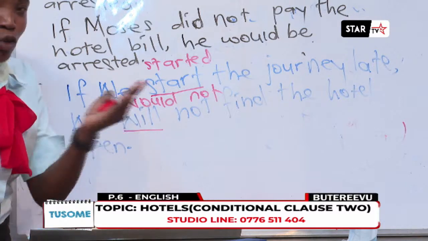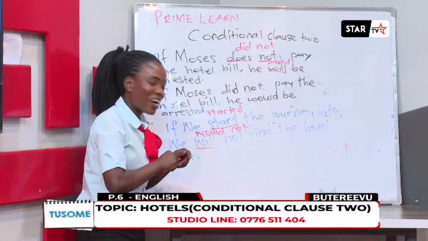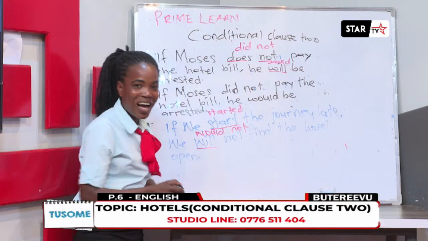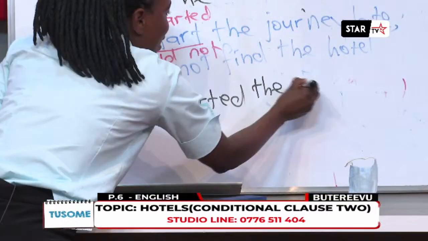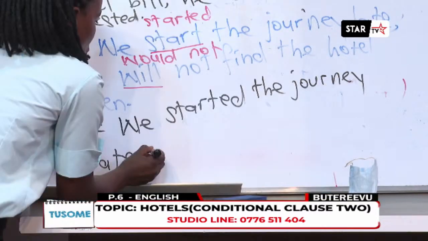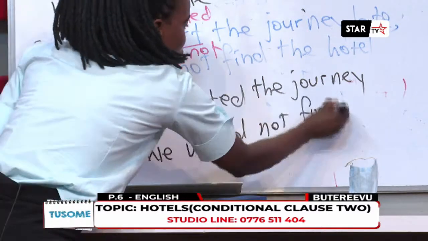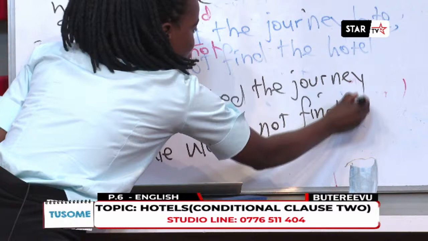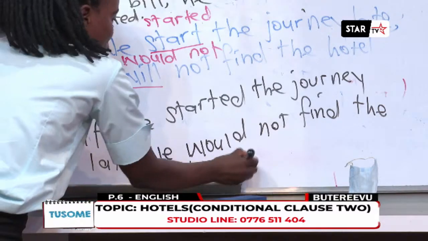Don't join them. Having made all those changes, my precious viewer, we can now answer our question as, if we started the journey late, we would not find the hotel open.